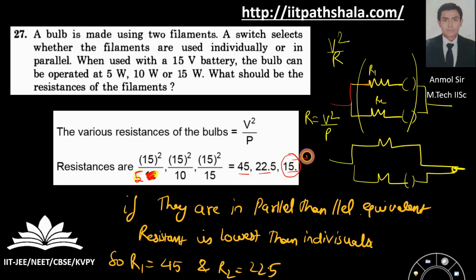So this is the case where the bulb has both of the resistances connected in parallel and glowing. The other two remaining cases are of individual resistances. It can be R1 or R2, it is your choice.